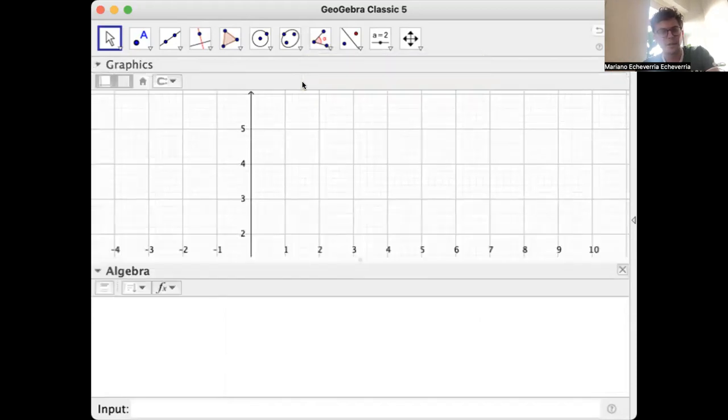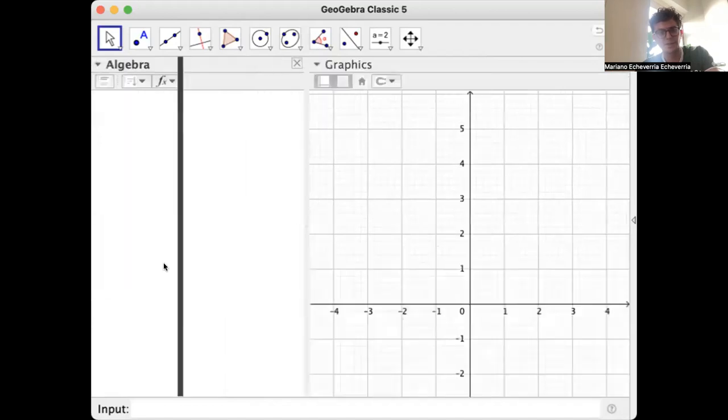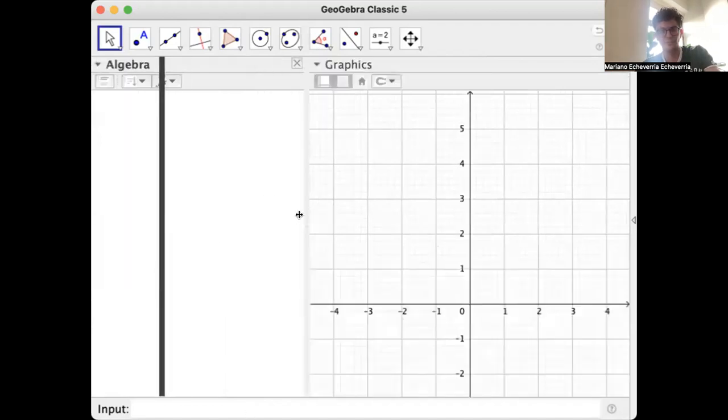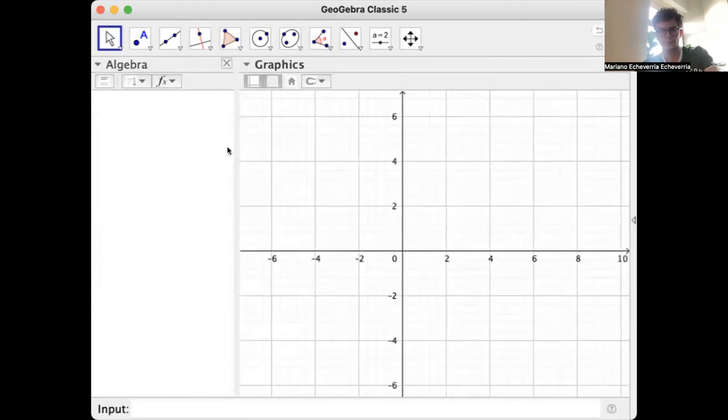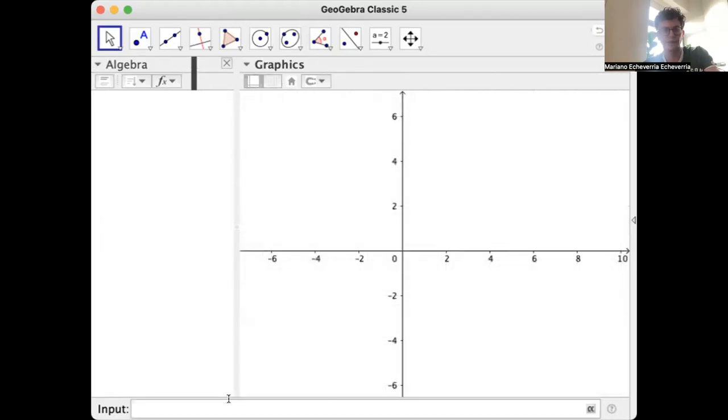Okay, now it's fixed. Good. I only need P to go from 0 to 1, because probabilities only go from 0 to 1.